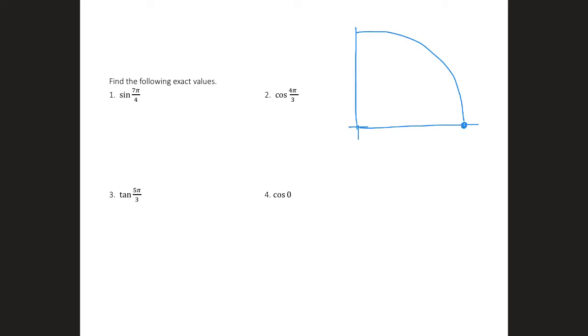And then this first point down here where we have 0 radians, that coordinate would be 1, 0. And if you go up on the y-axis, which is at pi over 2 radians, that coordinate is at 0, 1. Halfway between 0 and pi over 2 is pi over 4 radians, and that coordinate is root 2 over 2.